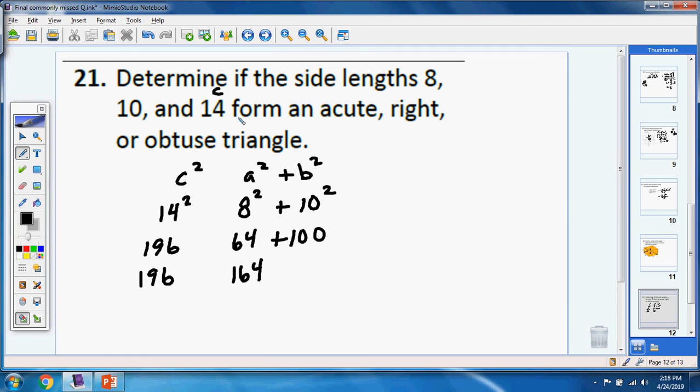Going back up, 196 is greater than 164. So it's obviously not going to be a right triangle. It's going to be acute or obtuse. Now, the way I try remembering it is acute, like the little one, it's the less than idea. So obtuse is the greater than idea, and this is greater than, so we should say that this is obtuse.